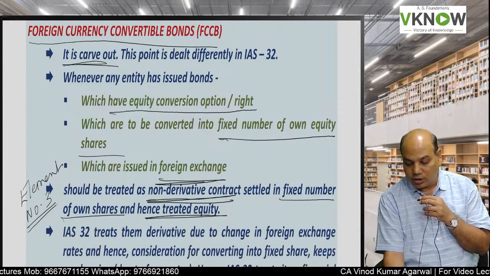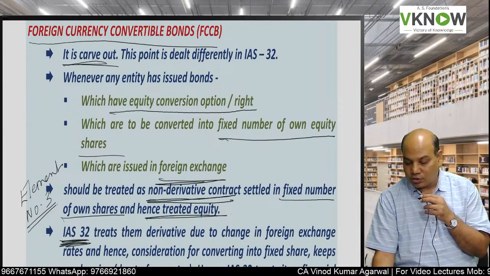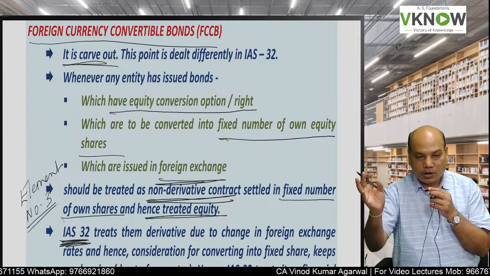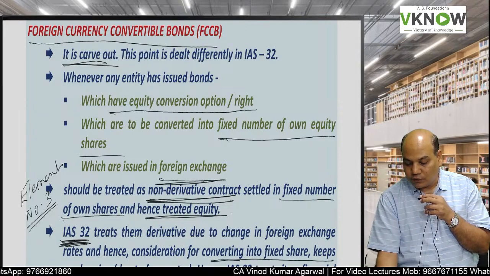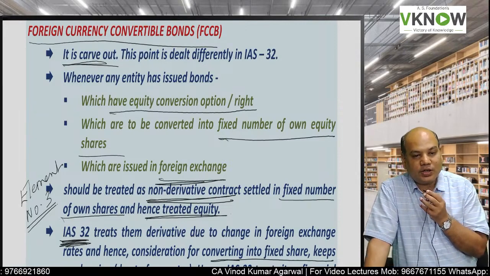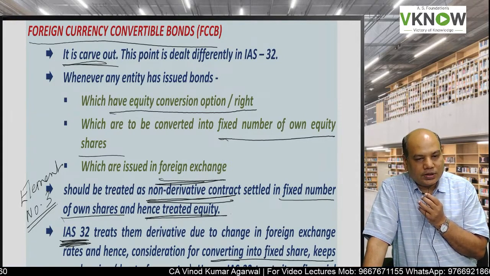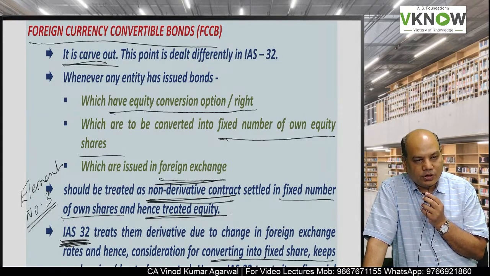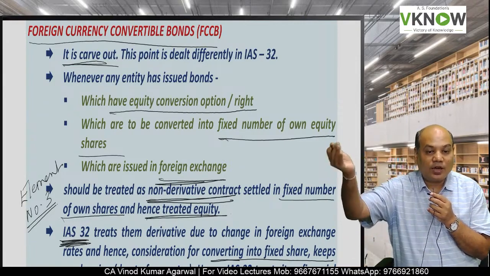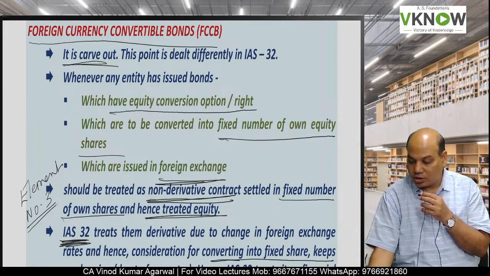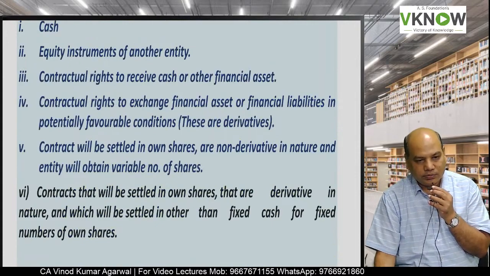But what the international standard 32 says, okay, you are issuing a fixed number of equity shares, but the amount of cash is not fixed because the foreign exchange rate is changing. As the foreign exchange rate is changing, the consideration is not fixed. Number of shares are fixed, consideration is not fixed, and therefore IFRS will call it a financial liability.